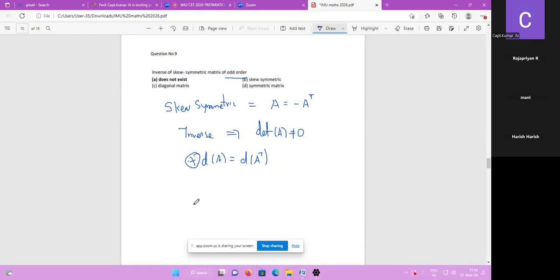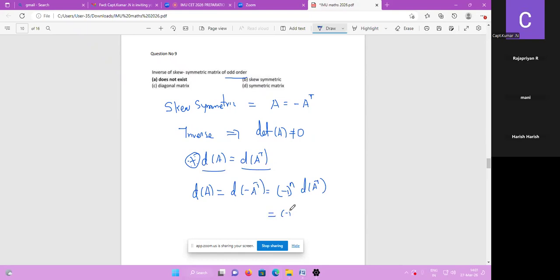Now, what is the determinant of A? A is a skew-symmetric matrix, so A can be written as minus A transpose. So the determinant of minus A transpose. Whenever a minus sign comes out of a determinant, it becomes minus 1 to the power n times the determinant of A transpose. We know that the determinant of A equals the determinant of A transpose.